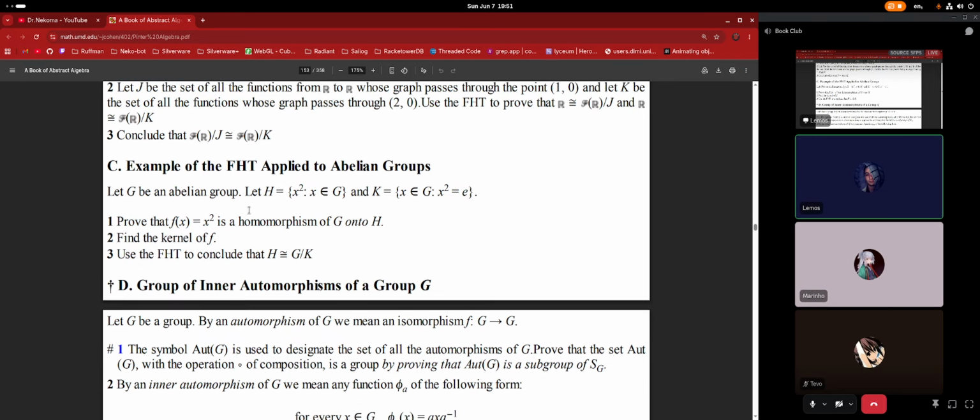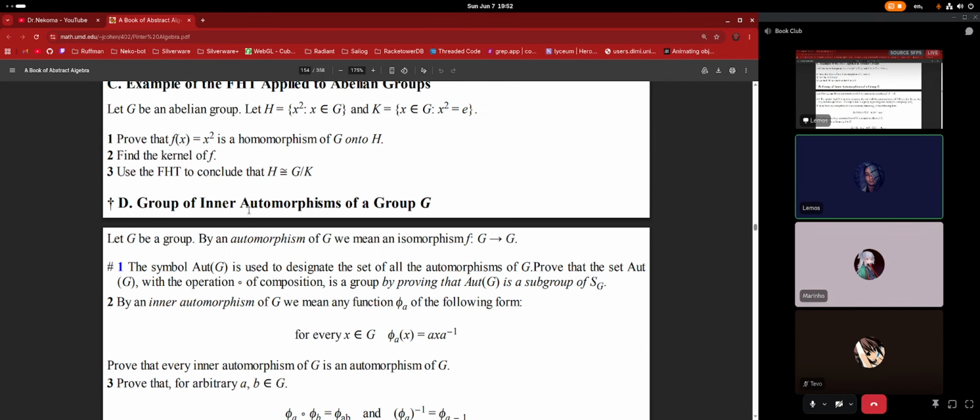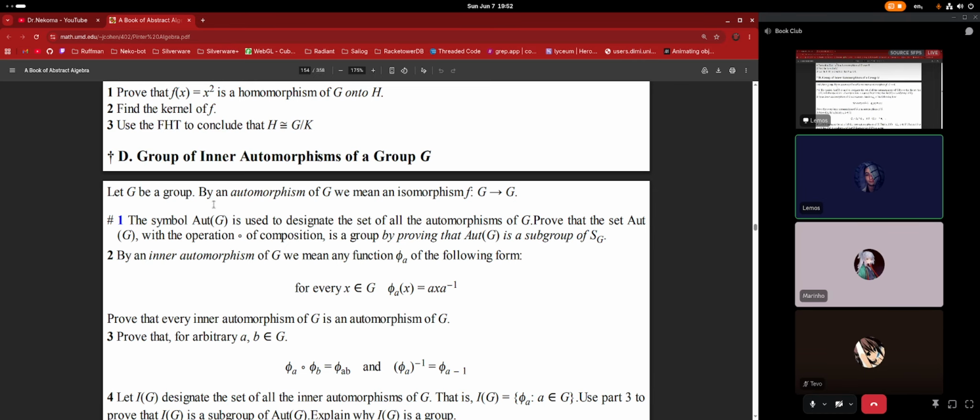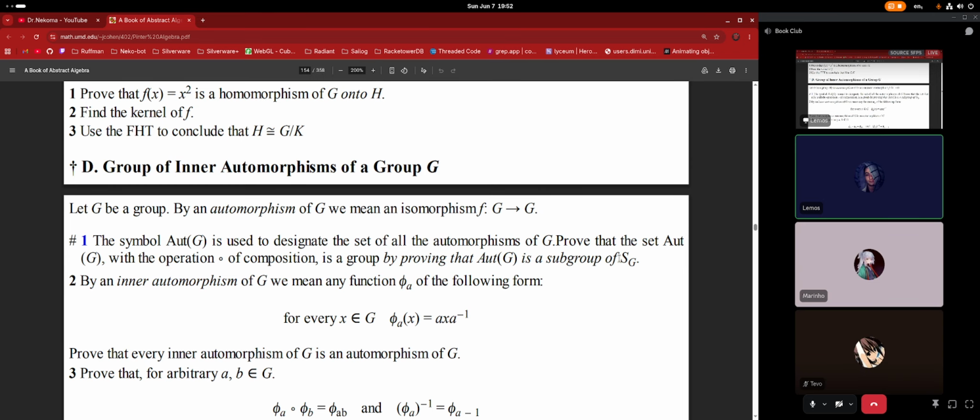D, inner automorphism. So there is a little bit of a definition going on. Let G be a group; by an automorphism of G, we mean an isomorphism from G to itself. Prove that the set Aut G with the operation composition is a group by proving that Aut G is a subgroup of SG. What is SG? That's the symmetric group over G. That is, it's the group of all the symmetries of G. Are these the permutation things?